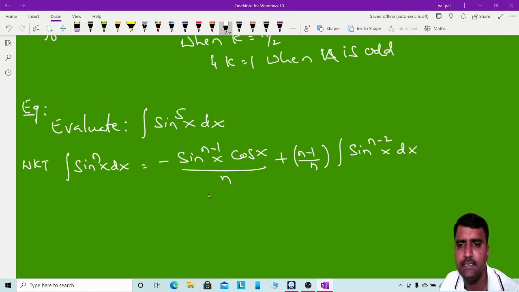Okay, use that formula. In this formula put n is equal to 5 here, which implies put n is equal to 5 in 1. Okay, you take this as 1.